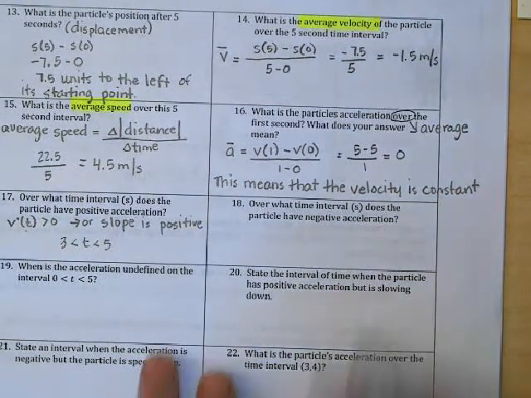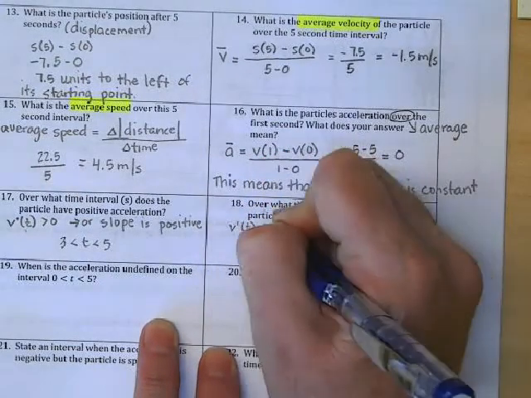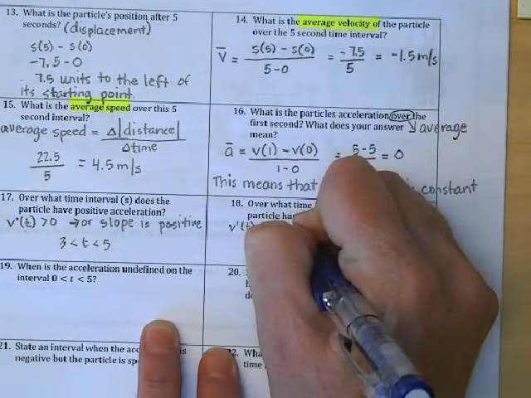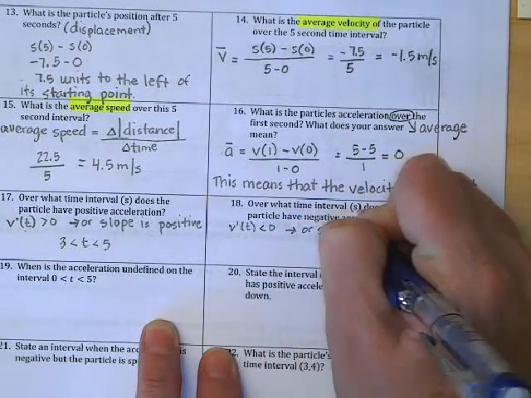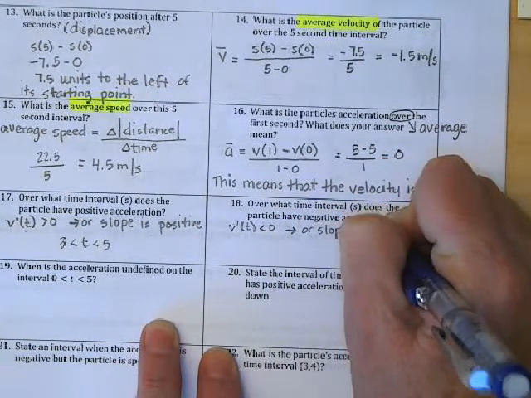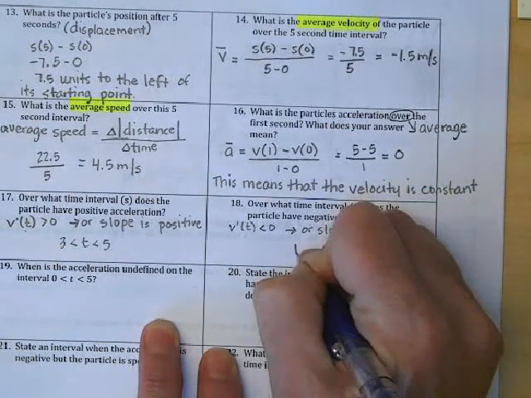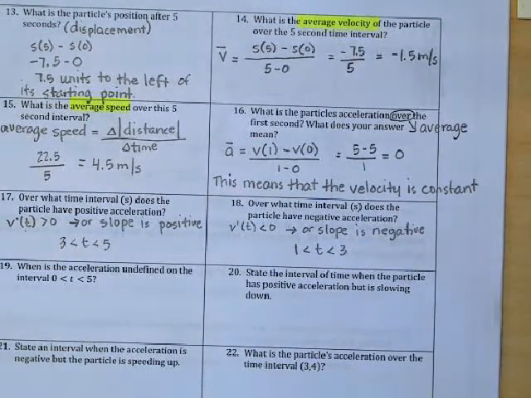Negative acceleration is where the derivative of velocity, which is acceleration, is less than 0, or slope is negative. And that happens between 1 and 3 seconds.